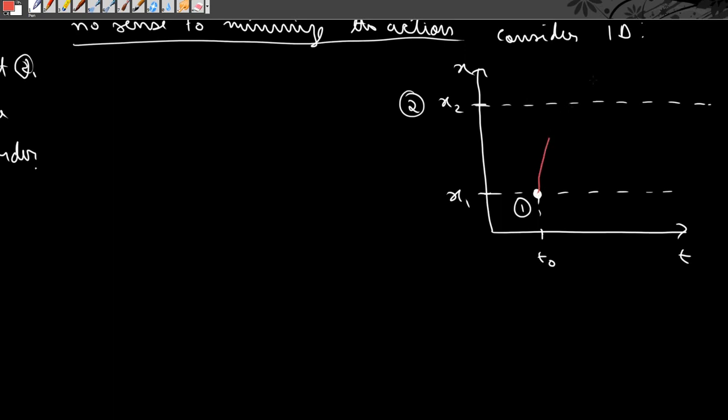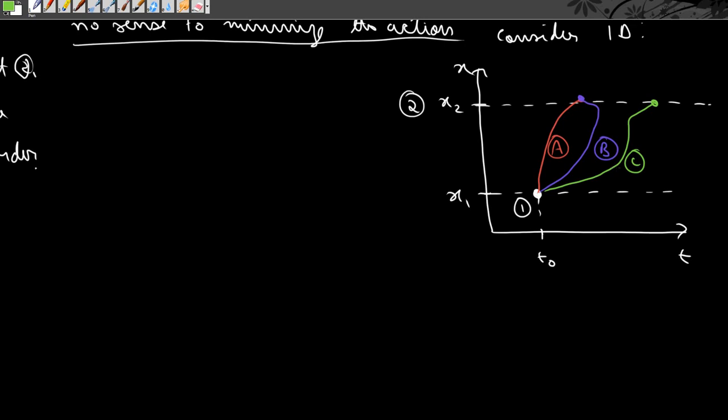Let's say that this is one path. I'm going to call this path A, and use a different color and call this path B. It again comes back to the same point. Let's take another path which goes like this, path C. Remember, these paths must be continuous and differentiable.